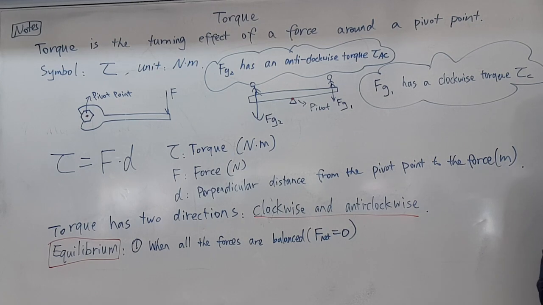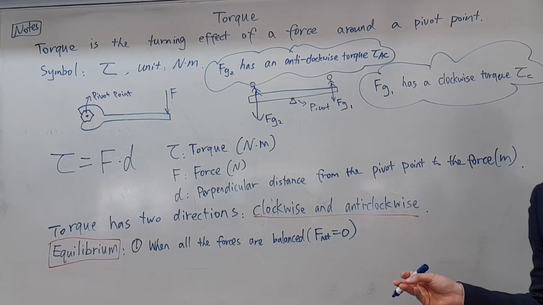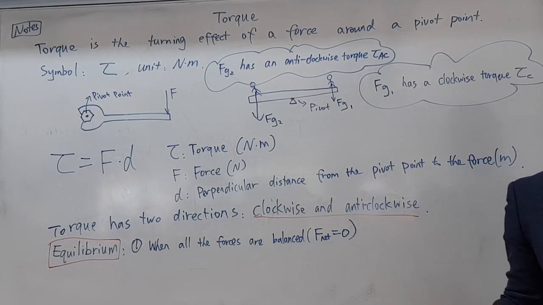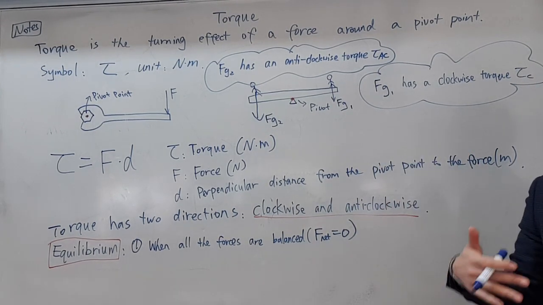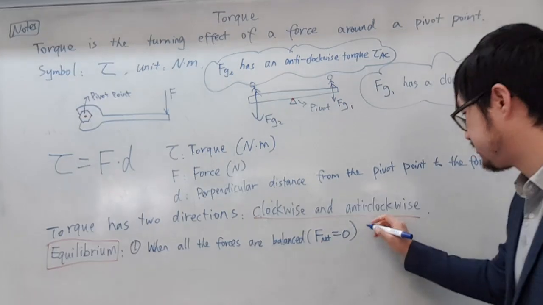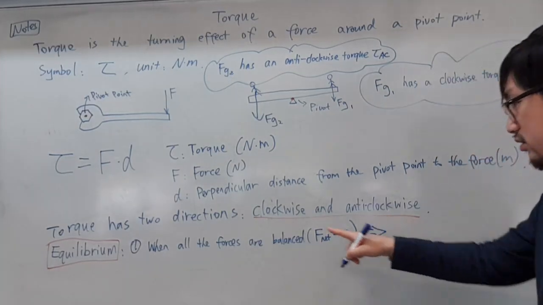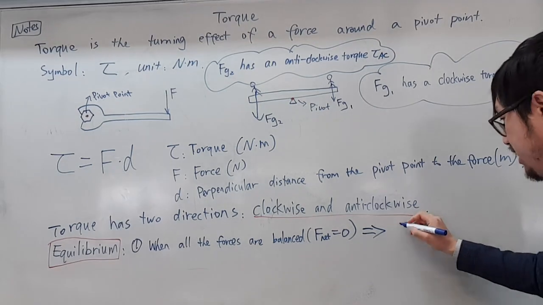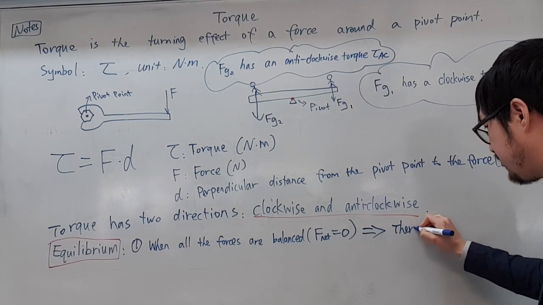That means all forces can be cancelled. What happens when all forces are balanced? There's no linear acceleration, right? It's either stationary or it could be moving at a constant speed. Because of this, there is no linear acceleration.